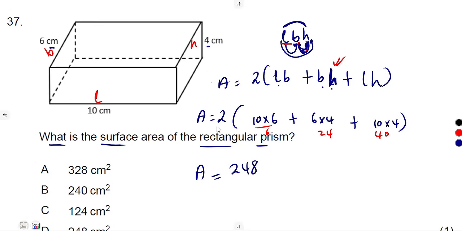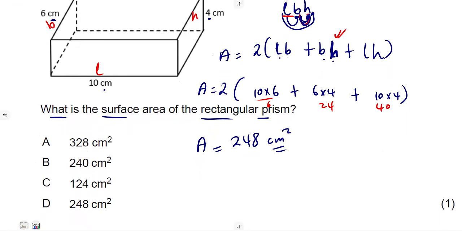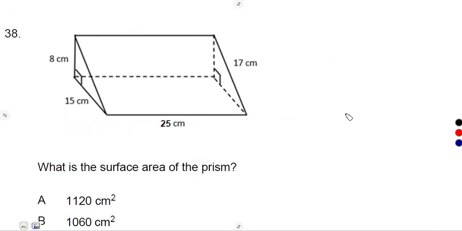So 248, this is area, so it's going to be square centimeters. So be careful about the units. In this case, they gave us everything in square centimeters, so it's okay. So 248, that is on D.